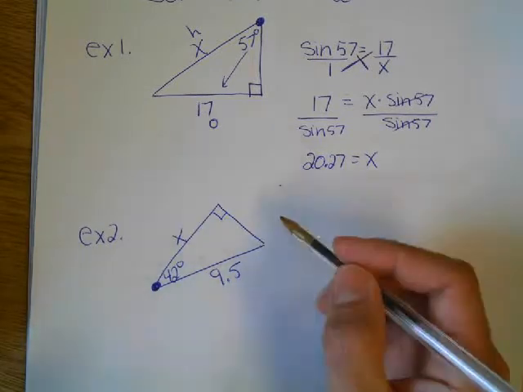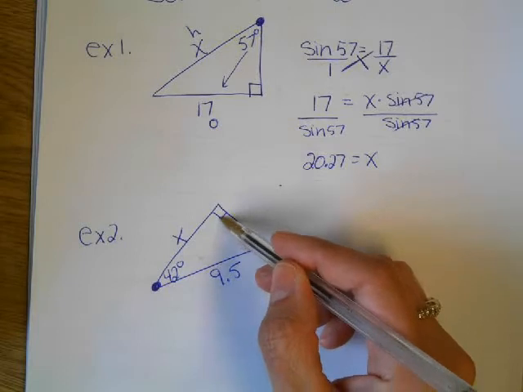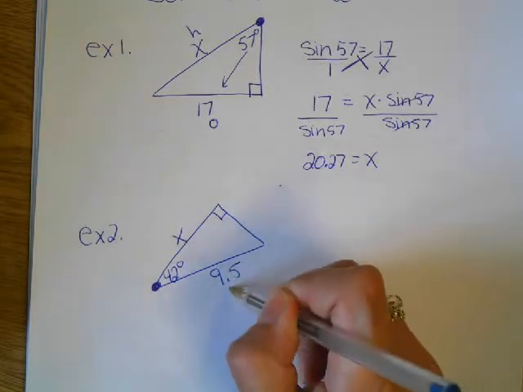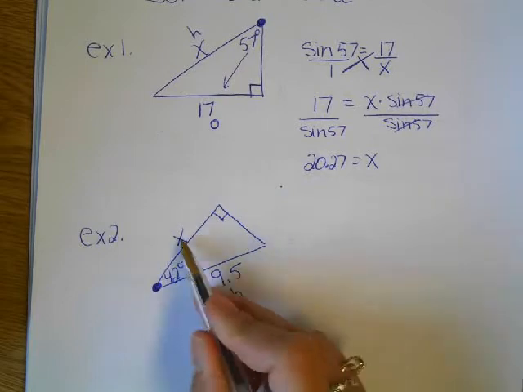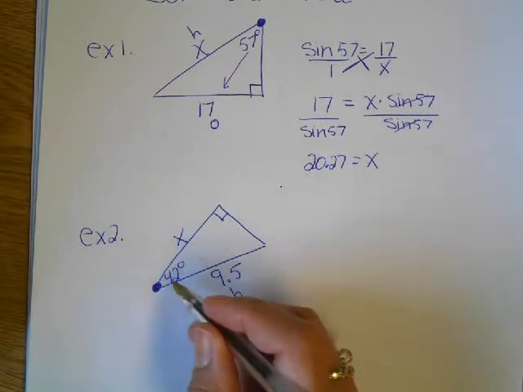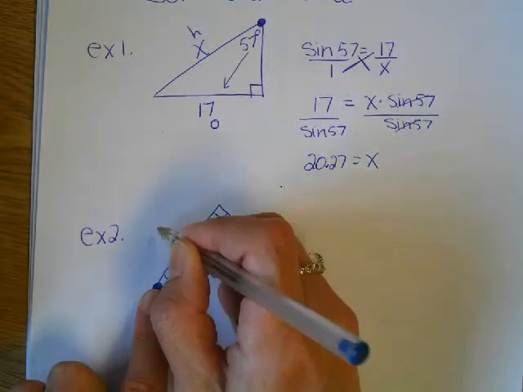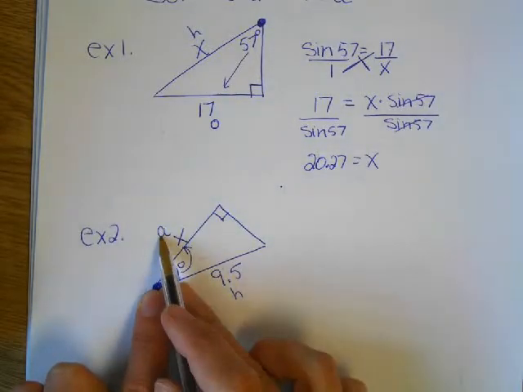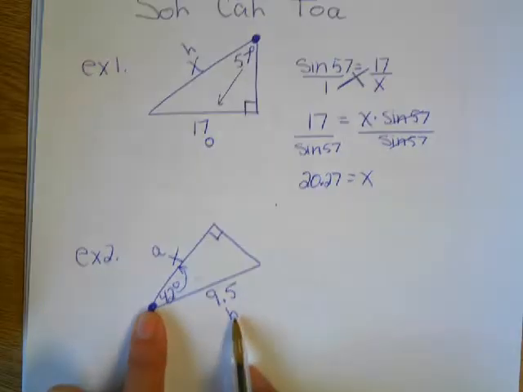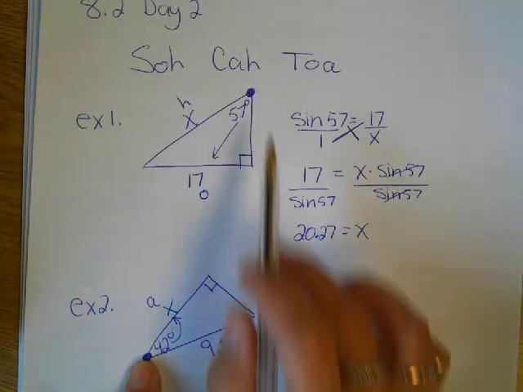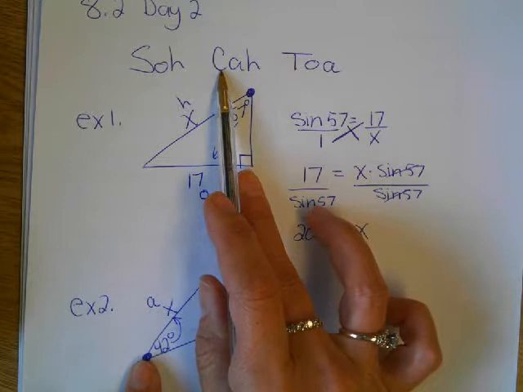So, I always like to find the hypotenuse first to see if I'm working with that. Here's the 90. That does make this the hypotenuse again. The two legs are here. If I'm standing on the 42, this x is the adjacent leg. So I've got the a and the h. So if you look at the top of your notes, a and h are both involved in cosine.